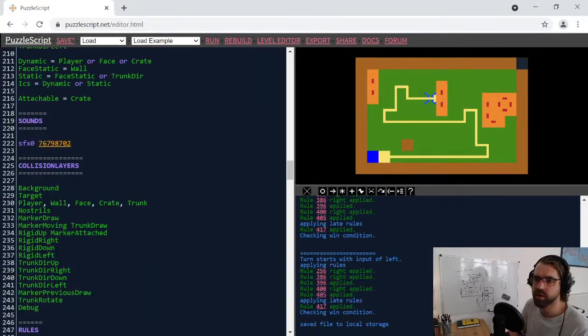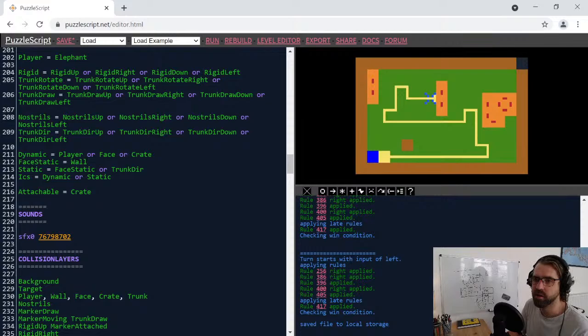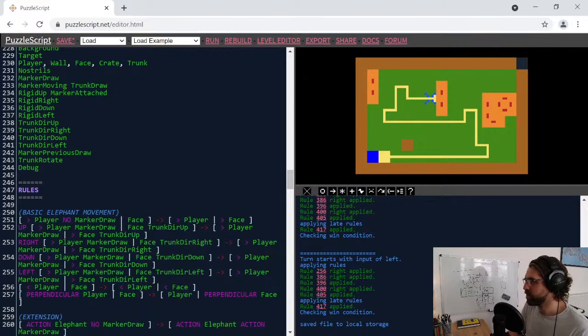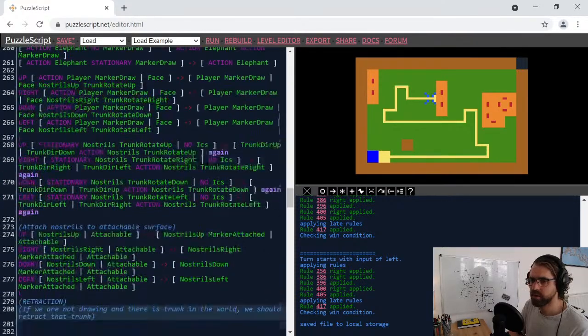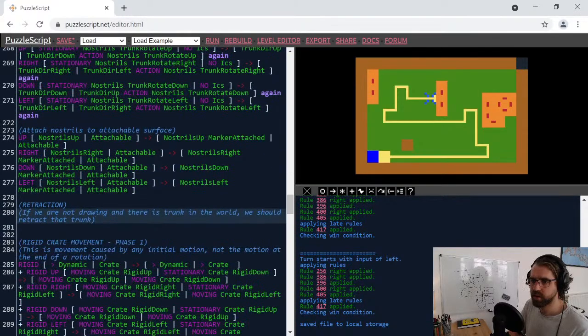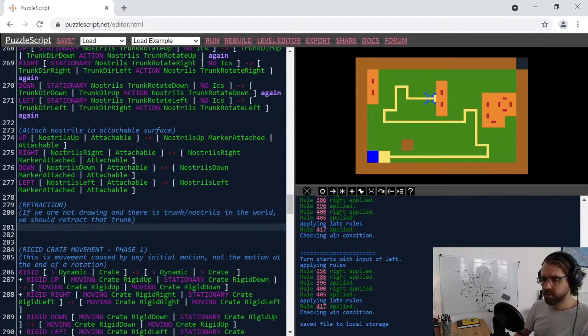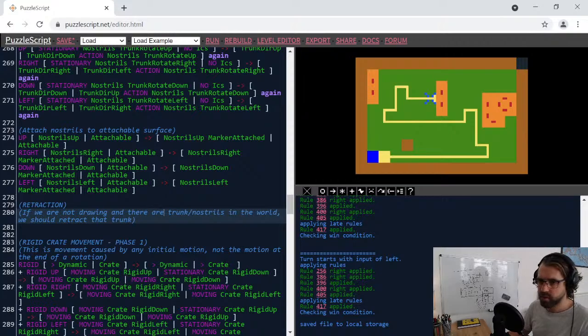I don't think nostrils count as trunk, right? No, trunk is its own thing. Okay. Trunk. There are nostrils in the world.